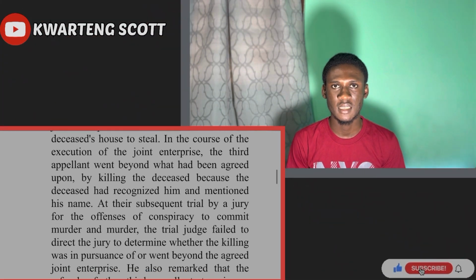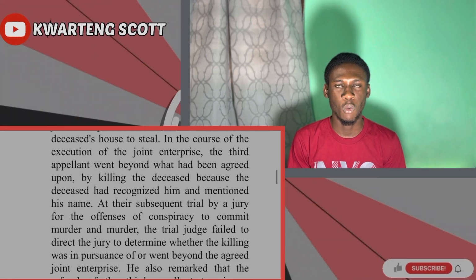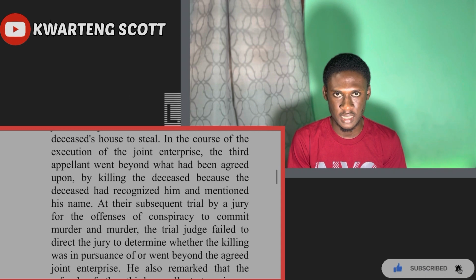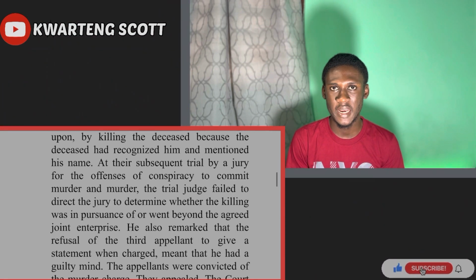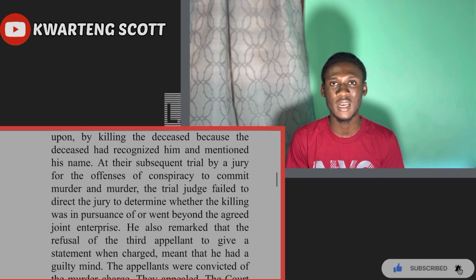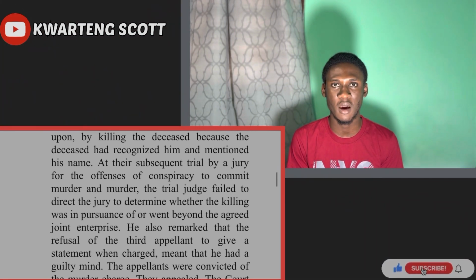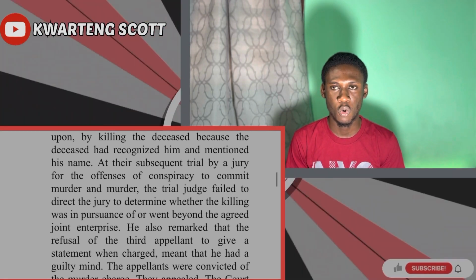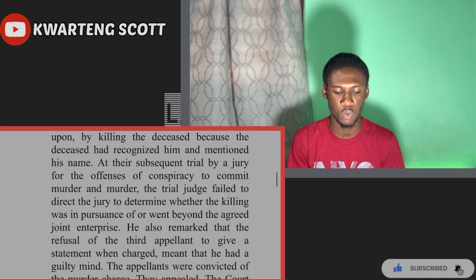Whoever killed the person in the house will be charged for murder. But the rest who agreed to just go and steal will be charged for stealing or any other charges related to their crime, but not for the murder or killing the person in the house, because that wasn't what the abetment or the agreement was.